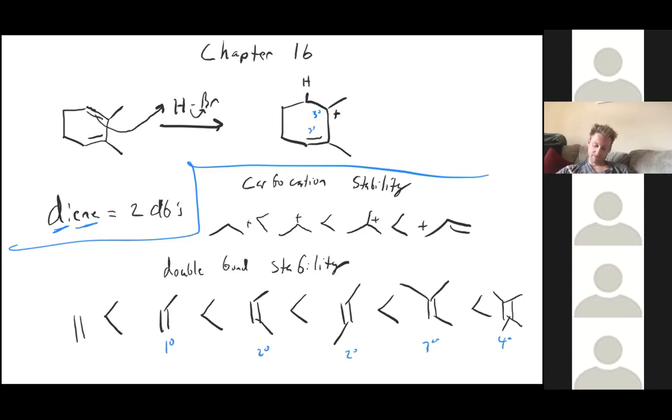When we do our resonance, now we're going to have a different system. So now our double bond has 4 bonds to it, but our positive only has 2. It's a secondary carbocation.